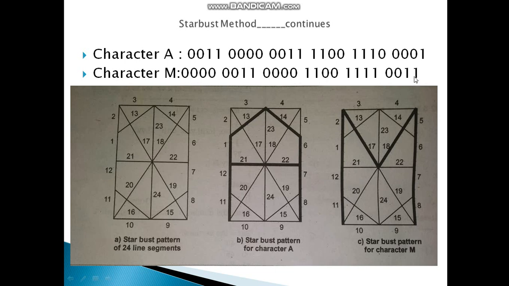So the values are put in the 1 to 24 bit code. This is nothing but the starburst method. By using these 3 methods, we can generate or draw a character over our screen.